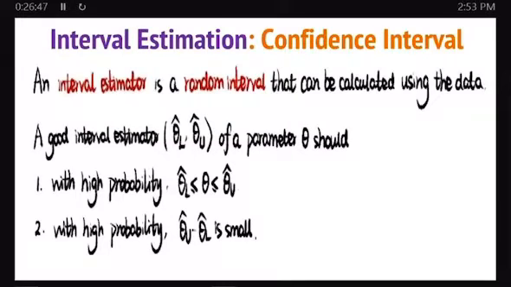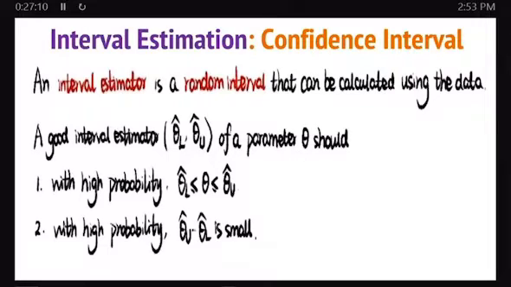Condition number two: can the true value be in the interval, and that interval be narrow? We don't want a wider one. We want a very narrow one. And that is what we're trying to do here.